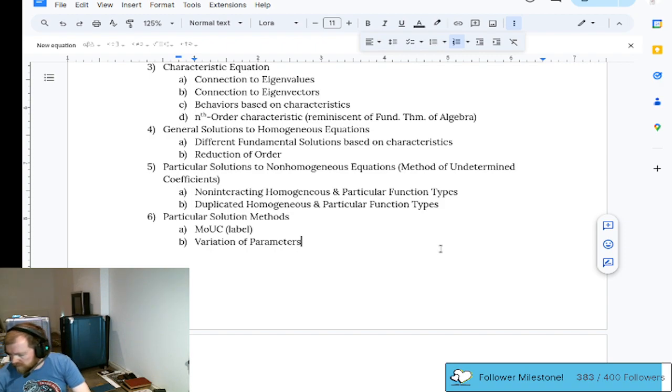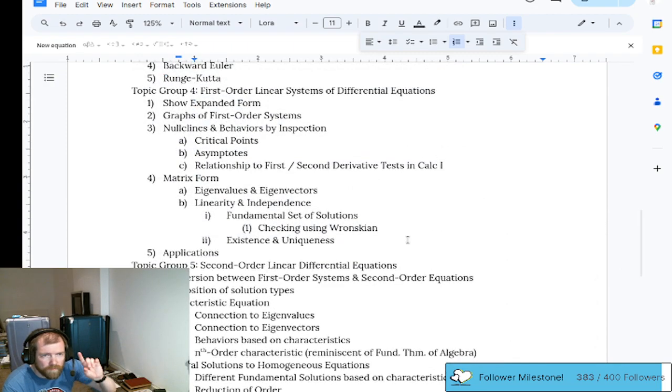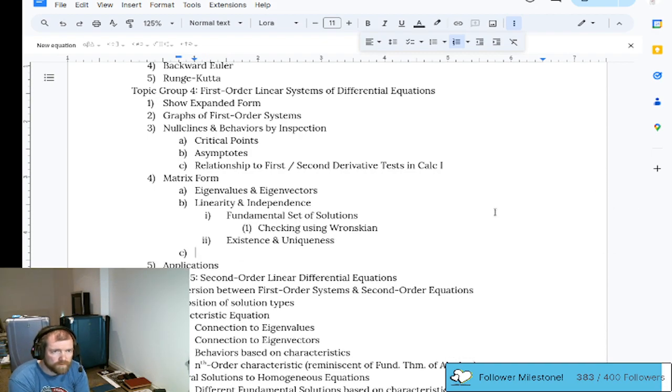Alright. So reduction of order gets moved up. Got particular solution methods. This also means that for matrix stuff, this is not just going to be it, because we also have shortened form.